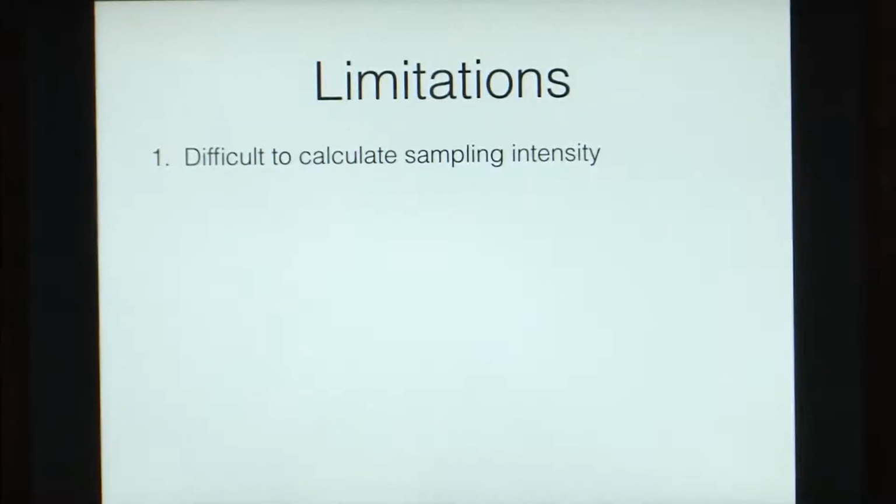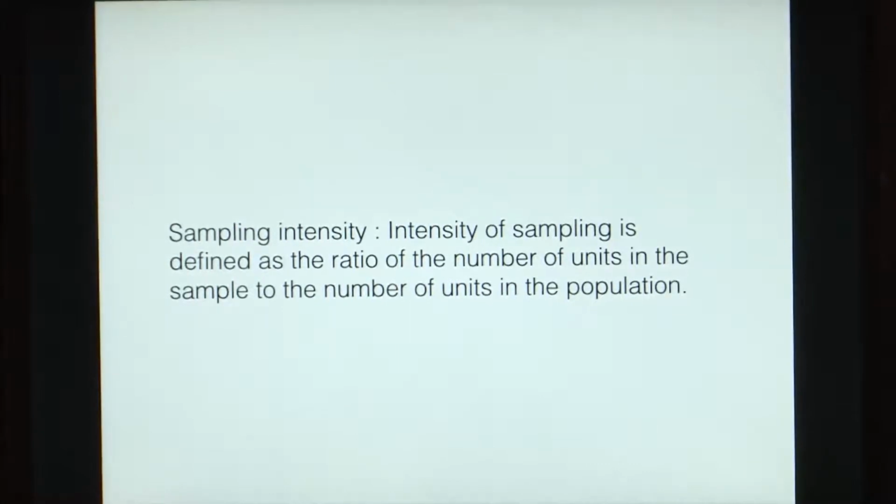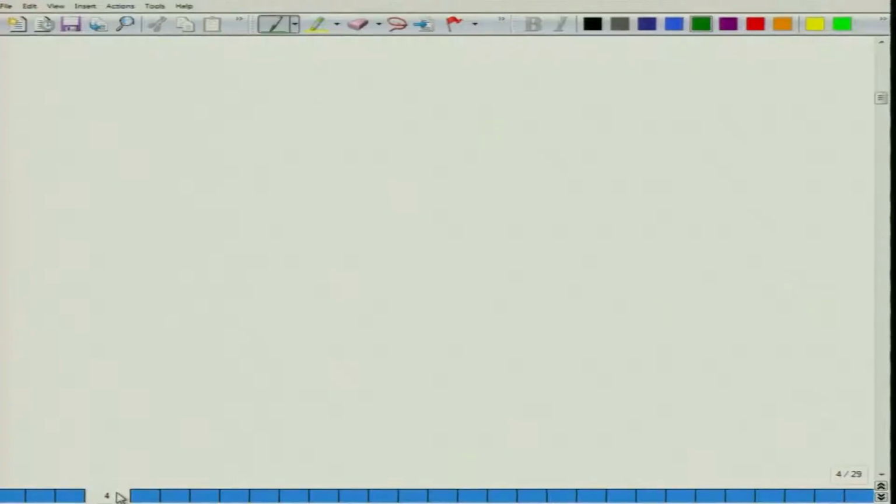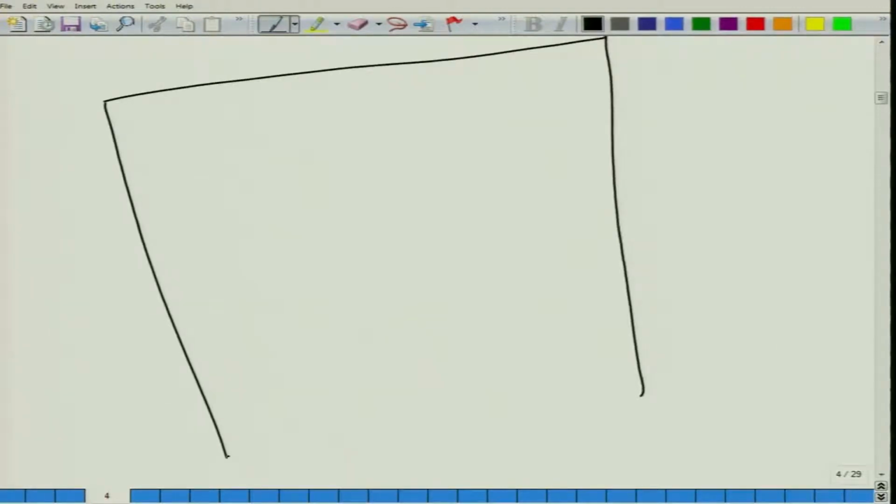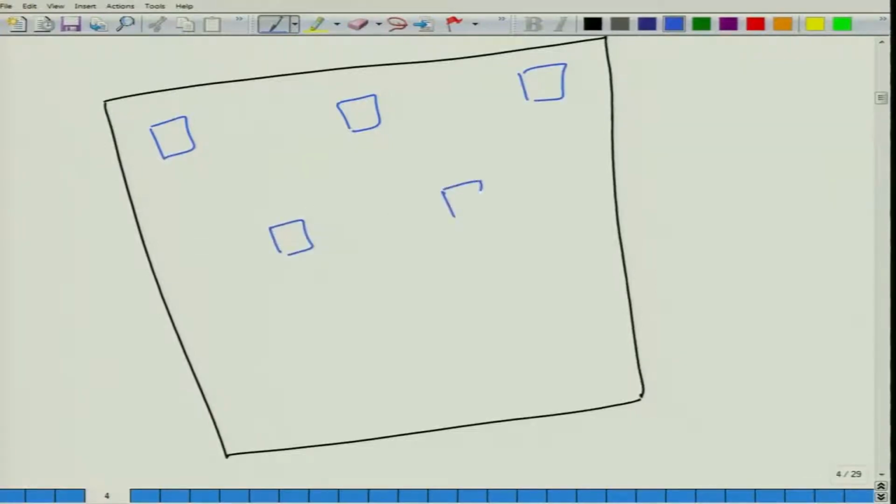For instance, it is difficult to calculate sampling intensity. Now, what do we mean by sampling intensity? Sampling intensity is defined as the ratio of the number of units in the sample to the number of units in the population. So, what do we mean by that? Suppose we have this to be our total forest stand, and we are taking our sample plots here, here, here, here, here.